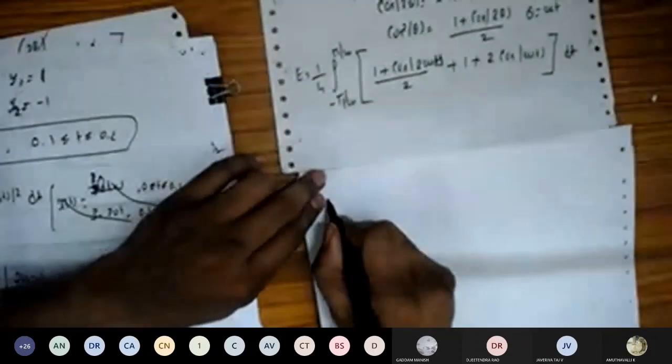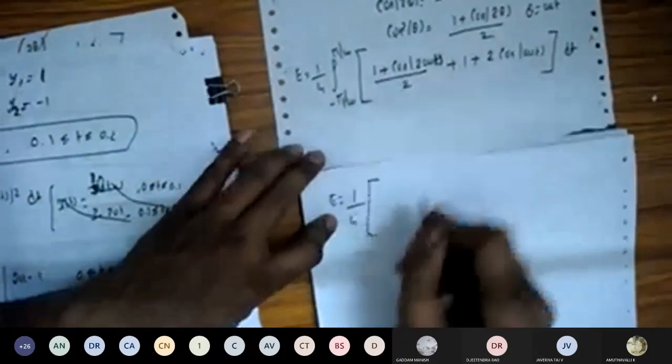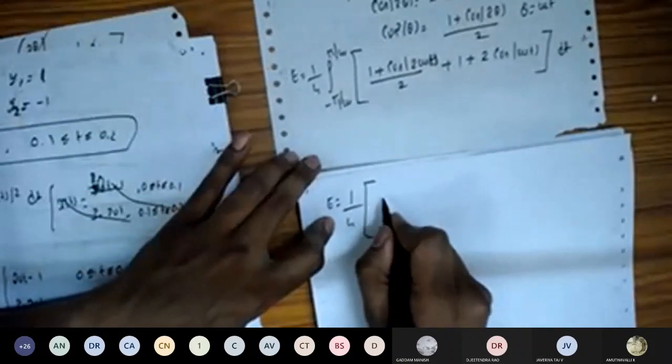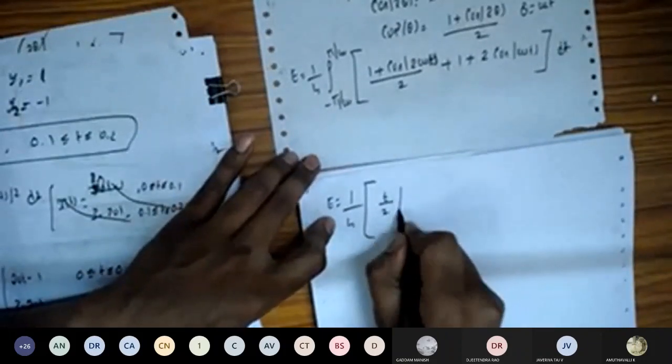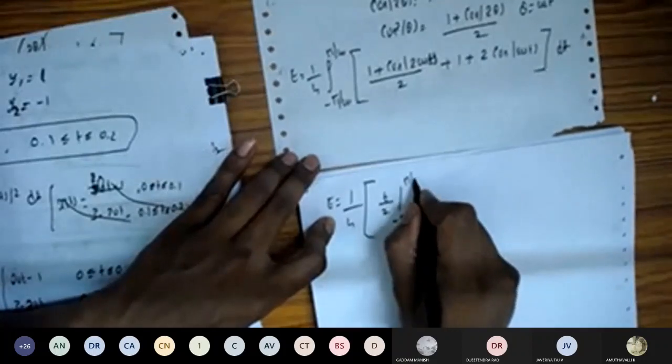So the energy of the signal is equal to 1 by 4. The integration of 1 by 2 is t by 2, since it's a constant here, with the limit from minus pi by omega to plus pi by omega.